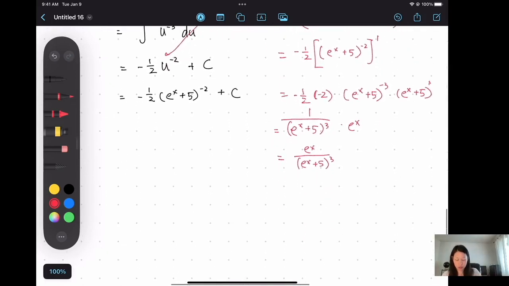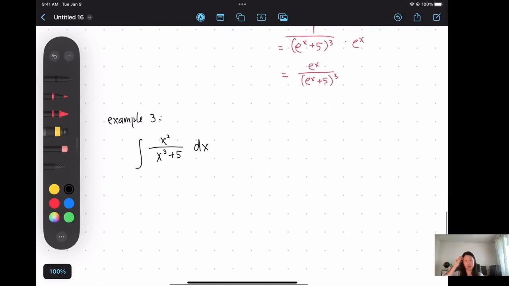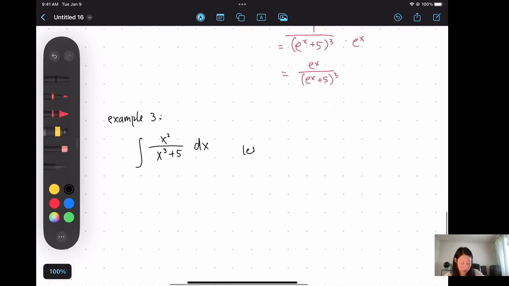All right, a third example, which is the integral of x squared over x cubed plus 5 dx. Now for this one, we let u equal x cubed plus 5.